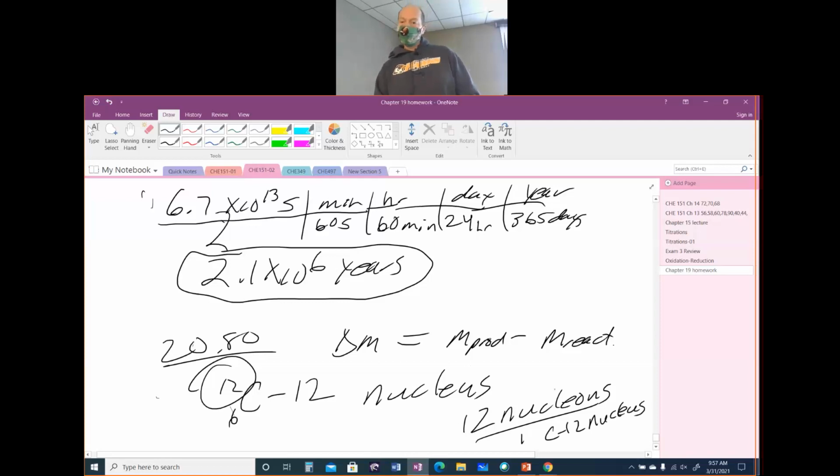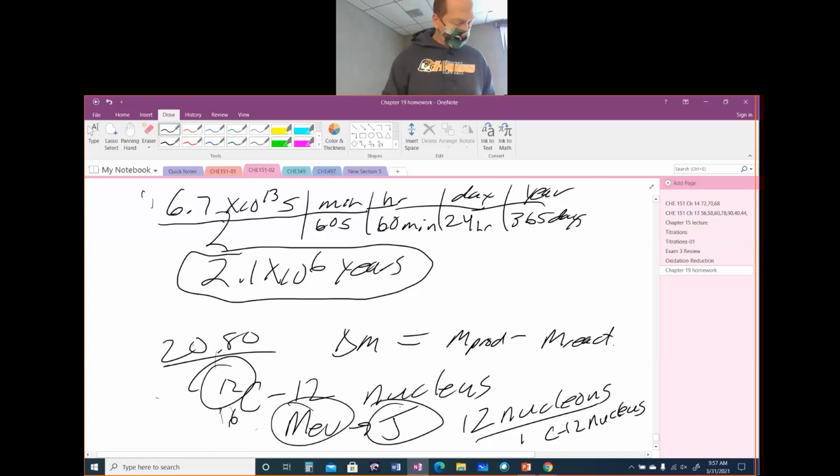So if it's asking for nucleons, that means protons and neutrons in there. So just be aware of that. And also sometimes they ask for MeV rather than joules. It's just an energy conversion, and that conversion factor will be given. But make sure you are given the right units that the question is asking for. All right, but all these answers will be posted.